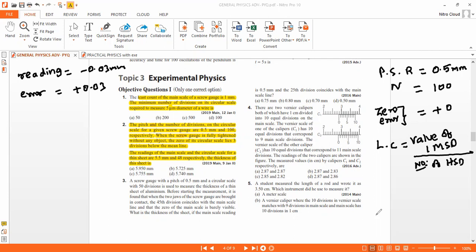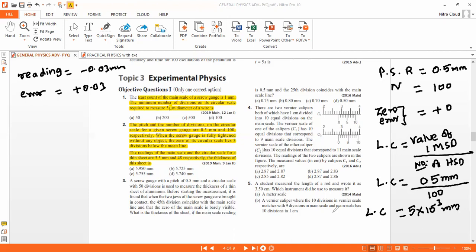The pitch is 0.5 mm, so the value of one main scale division is 0.5 mm, divided by 100 head scale divisions. We can write it as 5 into 10 power minus 3 mm. So we got the least count.